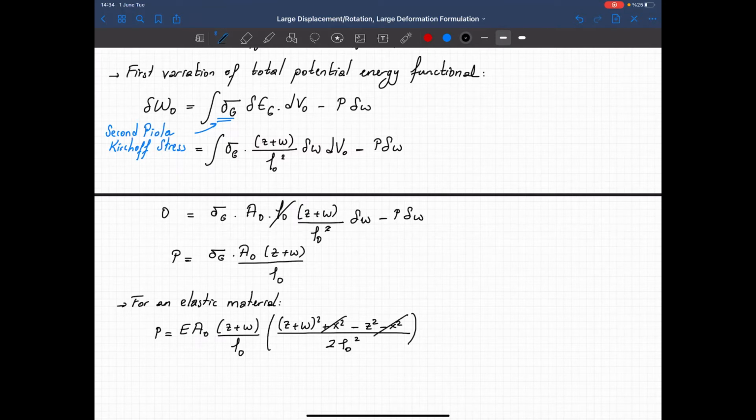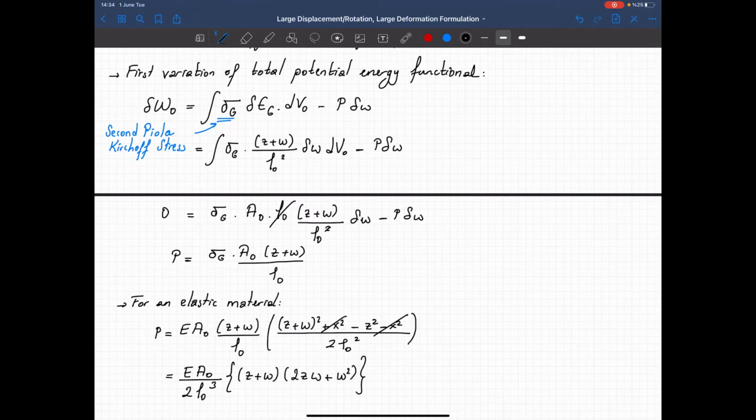So these two will cancel each other, and at the end of the day I obtain the following expression: E times A0 divided by 2 times L0 cubed multiplied by Z plus W times 2 times ZW plus W squared.